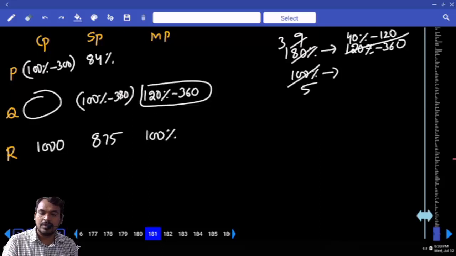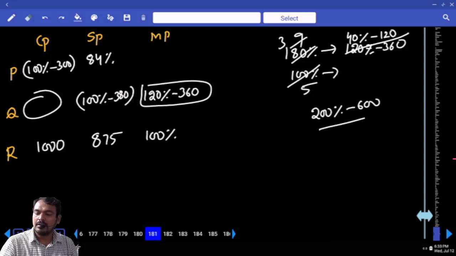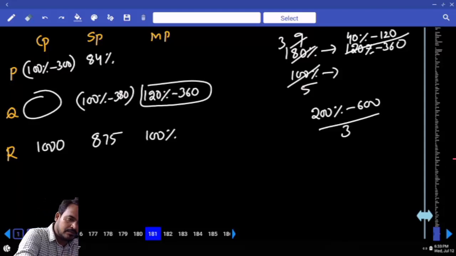Okay, this one we written 5 into 40, 200% minus 600 by 300. 200% minus 600 by 3. That is which one? Q cost price. Q cost price we written how much? 200% minus 600 by 300.